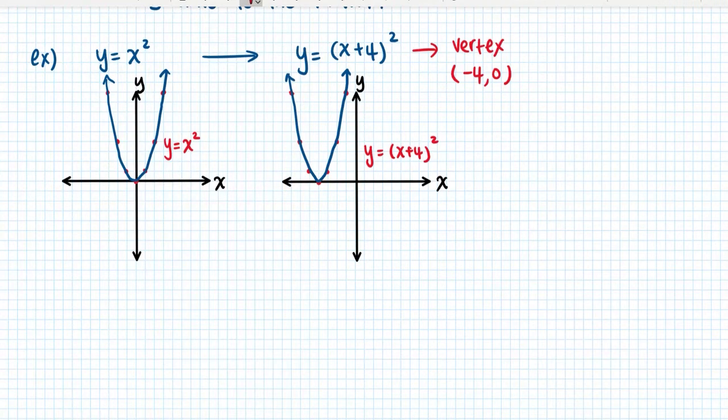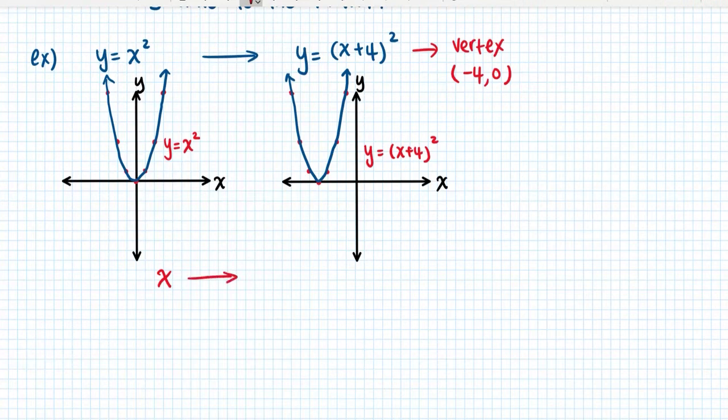Okay, so we know that the second function, compared to the original function, has the same shape, but the graph is shifted to the left side by 4 units when x is added to a positive constant.